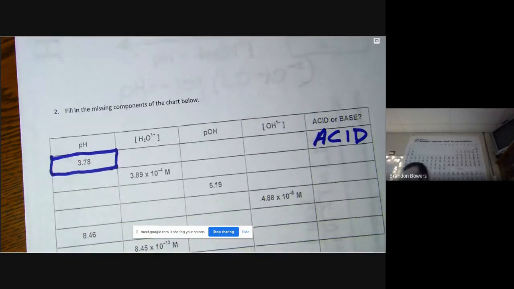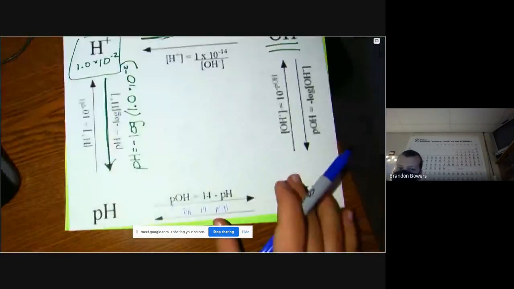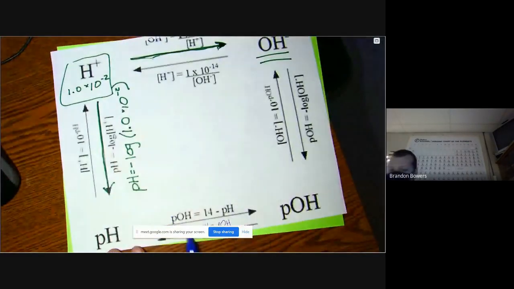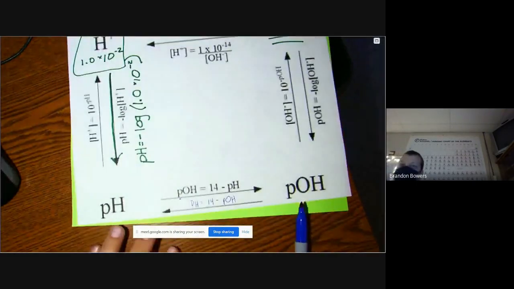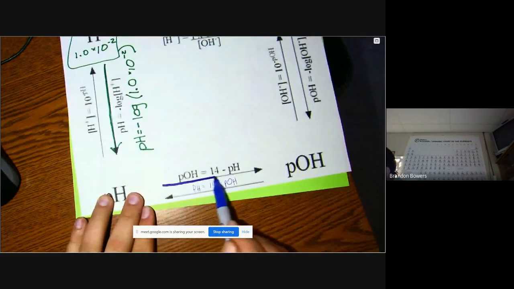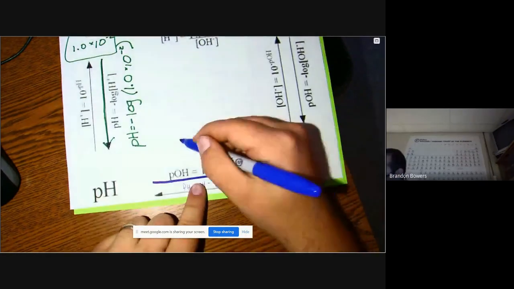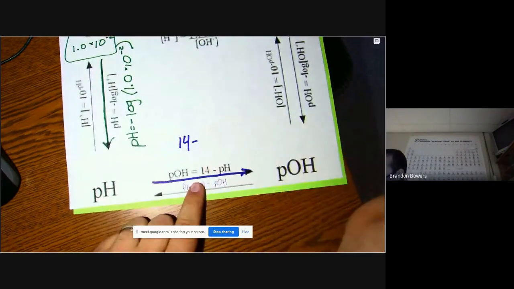Okay, so I know the pH value. The first thing, what can I solve for if I know the pH? Do you want me to go for the H plus or the POH? POH. That's pretty easy if I go to POH, because if you look at this equation, all you got to do is 14 minus your pH.